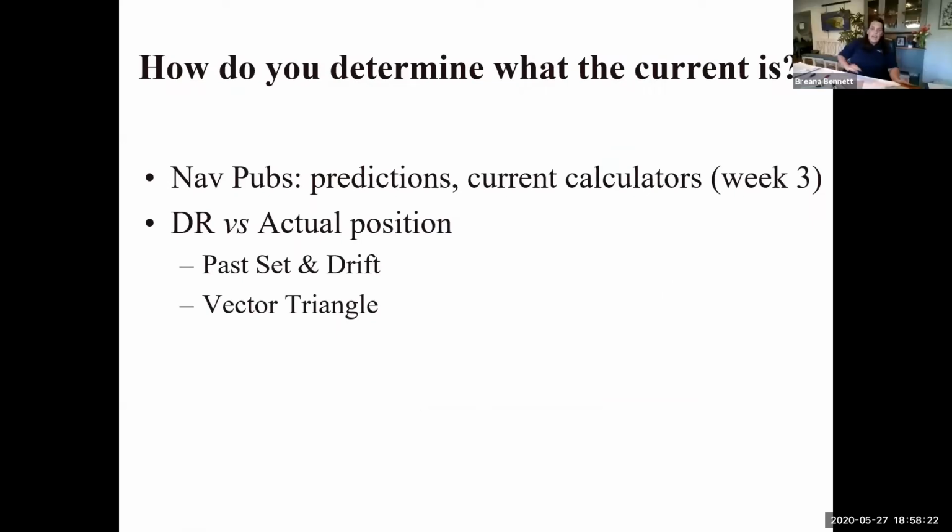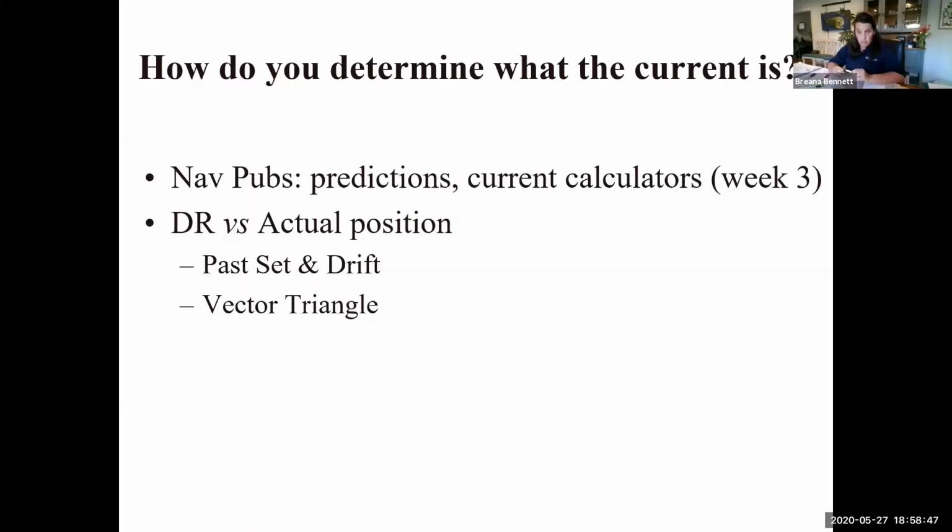Okay, so how do we determine what the current is? Now we're going to focus on current. So there are 2 ways that we could determine what the current is. One, we can use our navigation pubs or prediction calculators or apps or all sorts of different things, which get their information from the pubs.